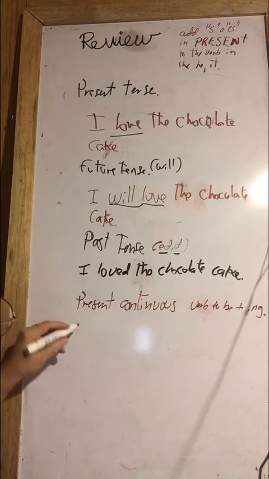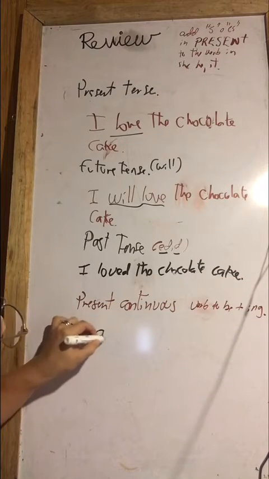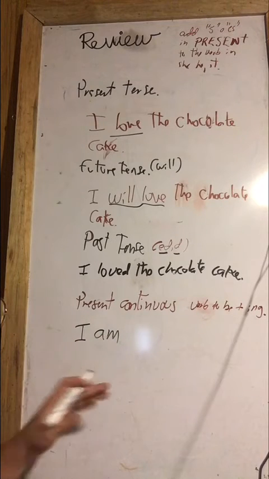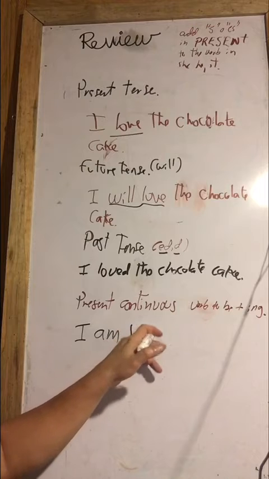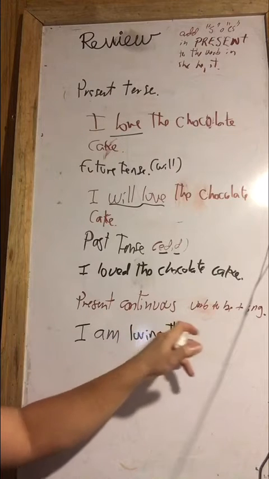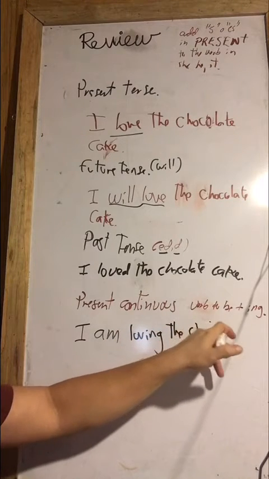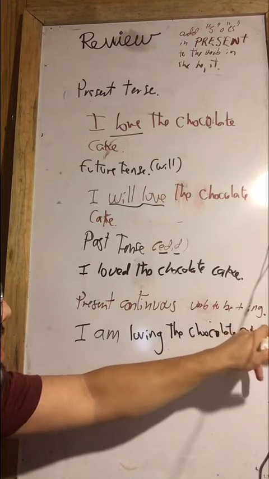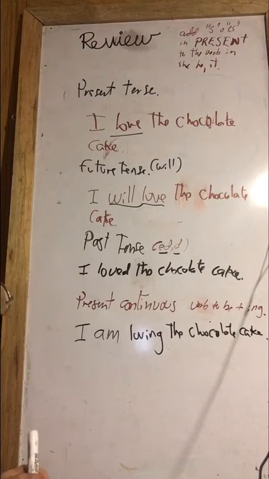So you can write in there, I am is gonna be your verb to be, because the verb to be for I is am loving the chocolate cake. Sorry, my handwriting is so ugly.